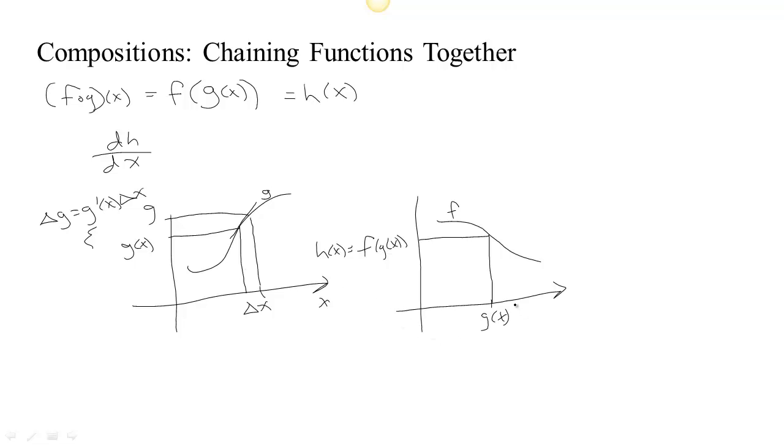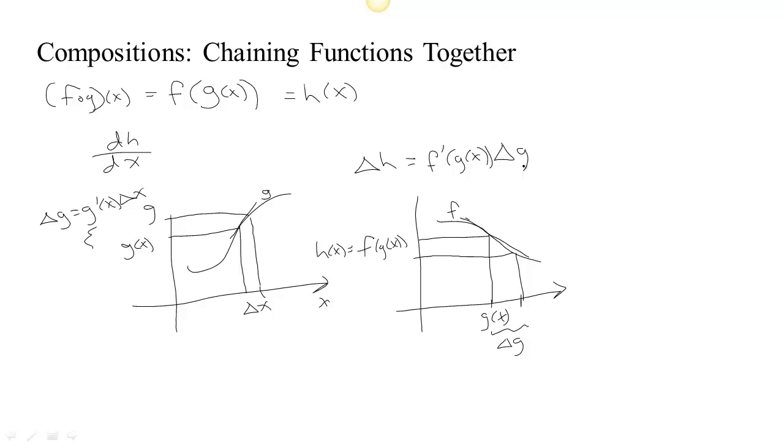Then we'll go over here and plug in g of x. We'll make this change here, delta g, and according to the tangent line approximation, delta h is going to be f prime of g of x times delta g.